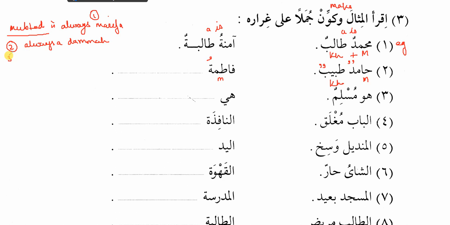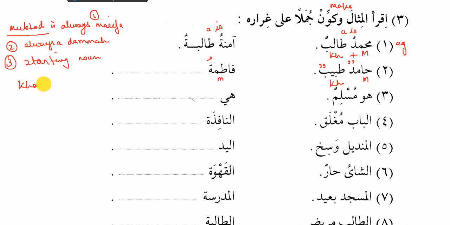And three, the gender will be same as the khabar. Let's do this with the khabar, not the mubtada. Then it will always be with dhamma, and number three, it will be starting noun of a sentence.